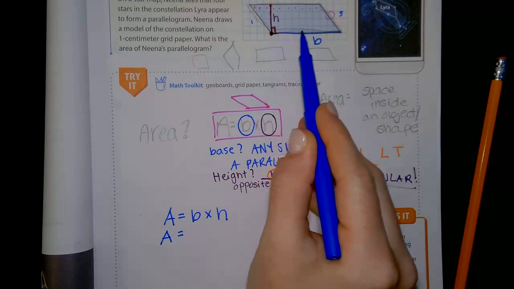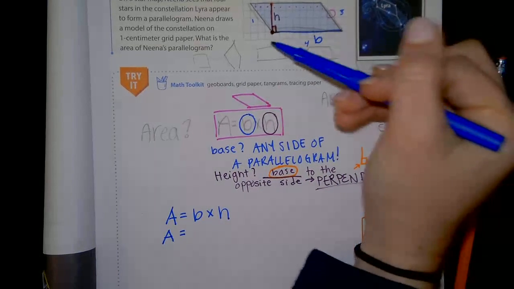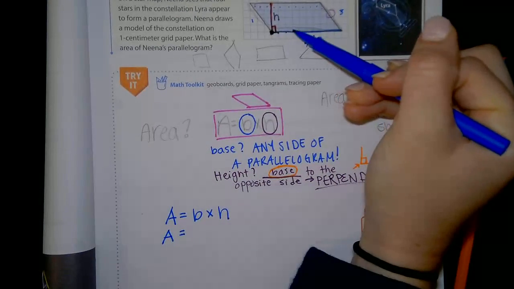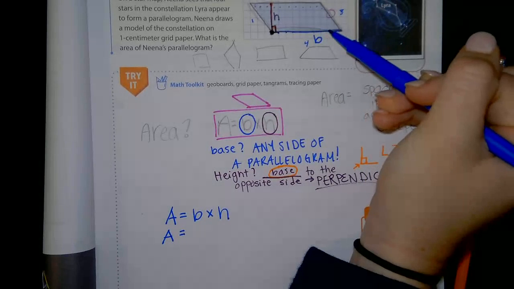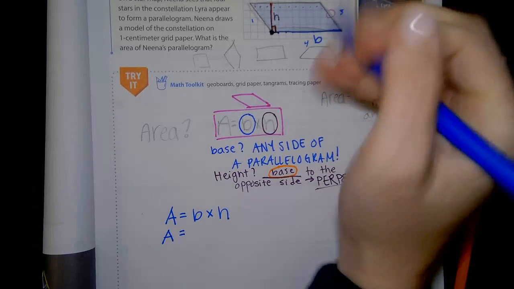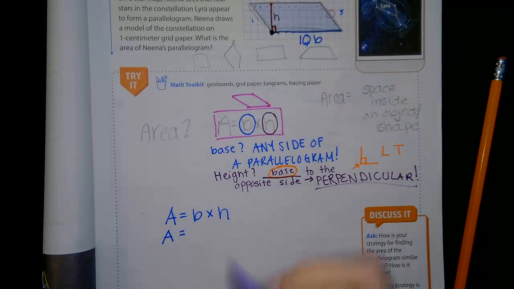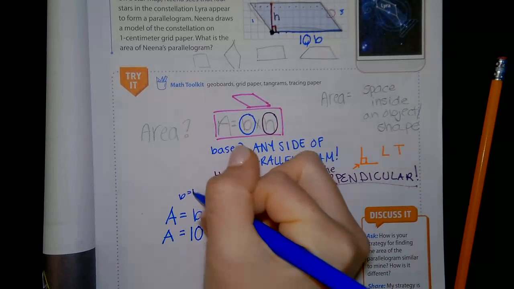What is the length of the base? Let's count. I'm going to start here at this end: 1, 2, 3, 4, 5, 6, 7, 8, 9, 10. Looks like our base is 10. So I'm going to take out my B and put in my 10, because B equals 10.